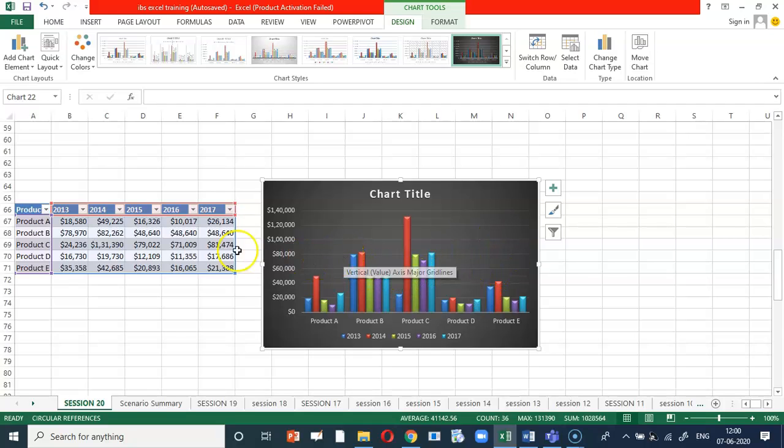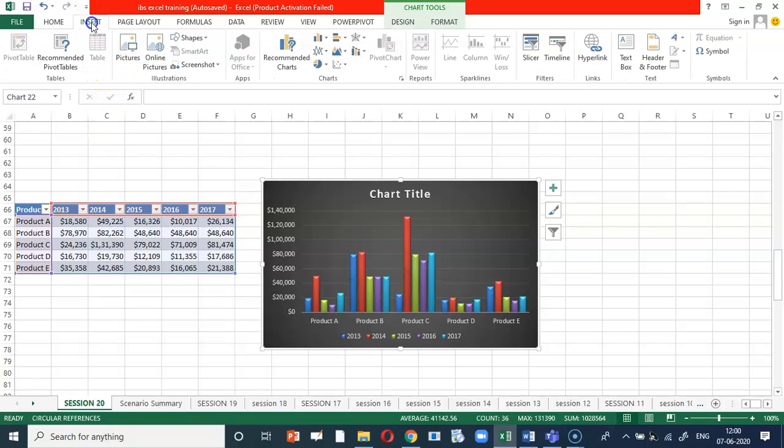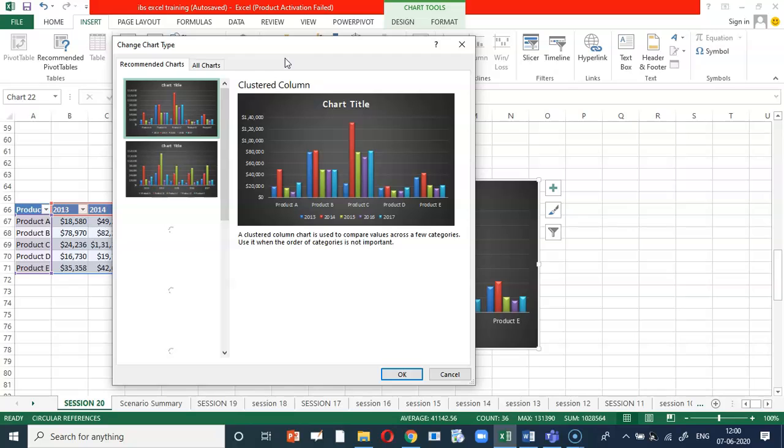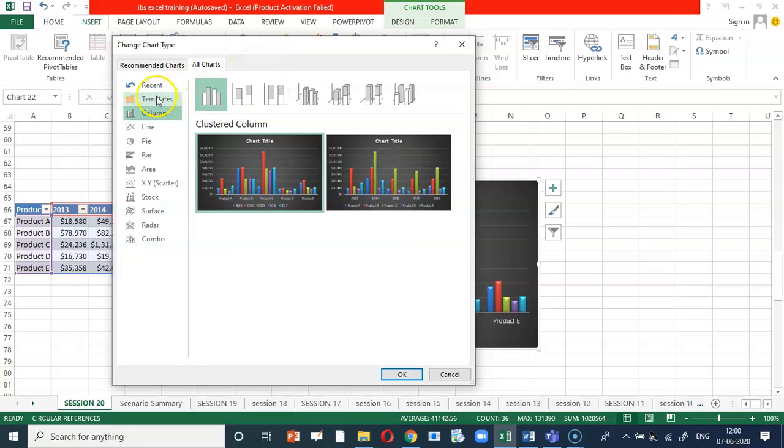So we understood that the selection of chart types, one thing is very sure, is based on the type of data. If you clearly look at all the chart functions here, I have so many types of charts: column, line, pie, bar, area, scatter, stock, surface, radar and combo.